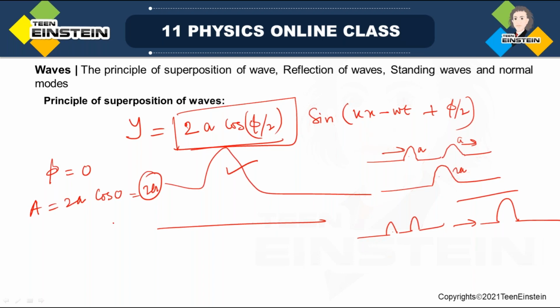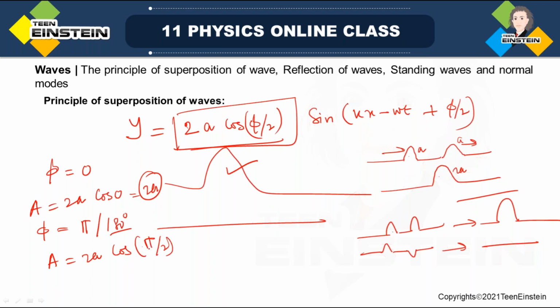But if the phase angle is pi, or they are out of phase by 180°, that means one is vibrating in this way, another is vibrating in this way. Upon overlapping they will give you nothing, 0, because the amplitude is 2A cos of phi by 2, and if phi is pi, it will be pi by 2, which gives you 0.